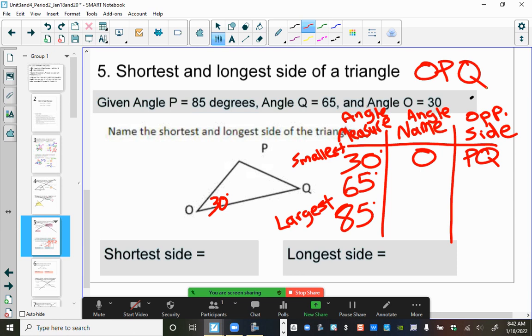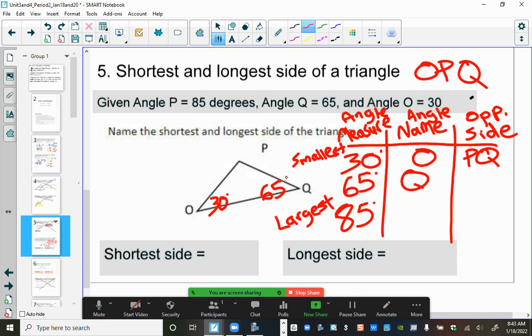What about angle P, or the 65-degree angle? Which letter is that, P or Q? Look at that diagram. Angle Q is what? 65. So if Q is 65, then what are the opposite sides? What two letters give us the opposite side?